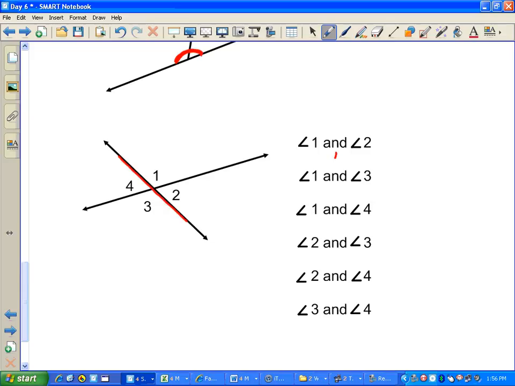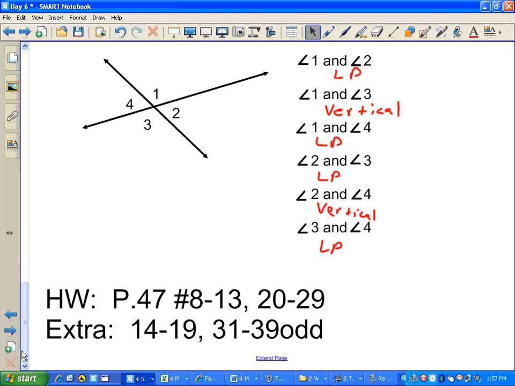That means that this is a linear pair. 1 and 3 are across from each other, so that means that they would be vertical. 1 and 4, again a linear pair. 2 and 3 are also a linear pair. 2 and 4 are our other set of vertical angles. And 3 and 4 would be, again, our linear pair.